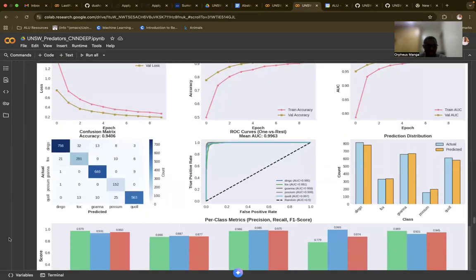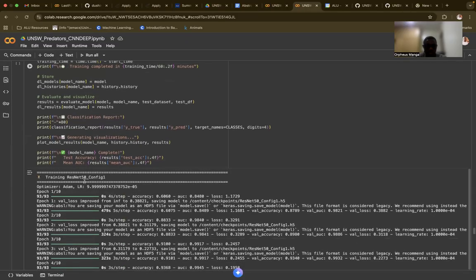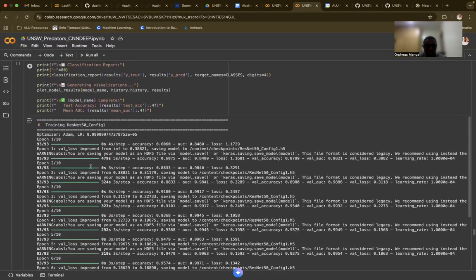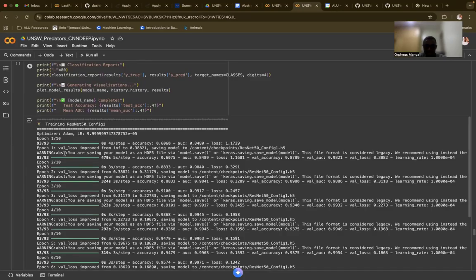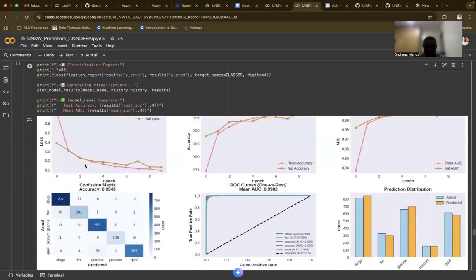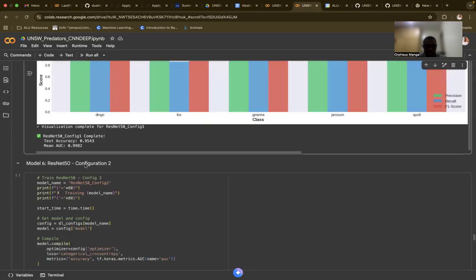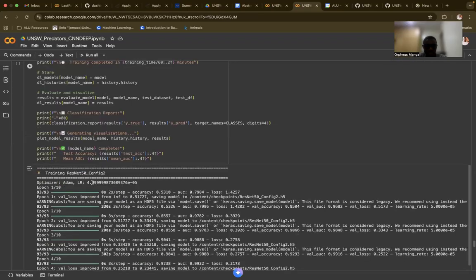For ResNet50, there were two configurations, and the first training was done with 0.005 and Adam as the optimizer, and the accuracy achieved was 95%. So let's see which one performed better. This one had 0.005 as the learning rate, which is different from the one which had 0.001.